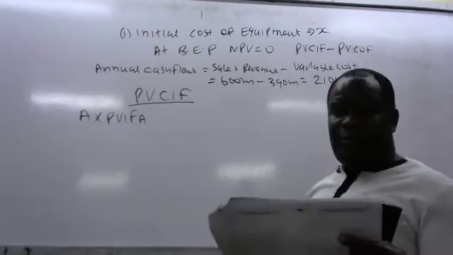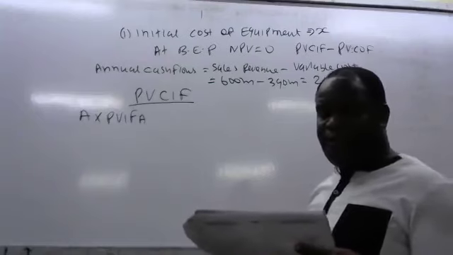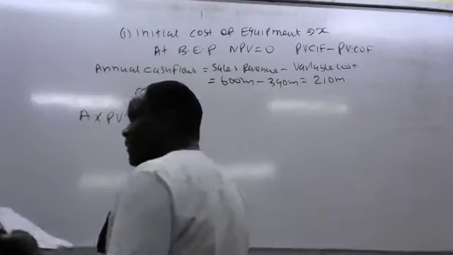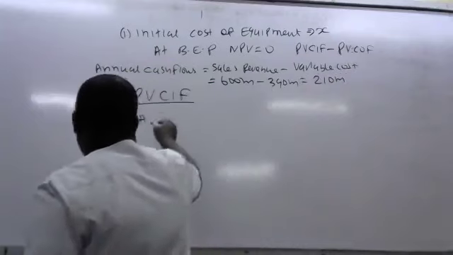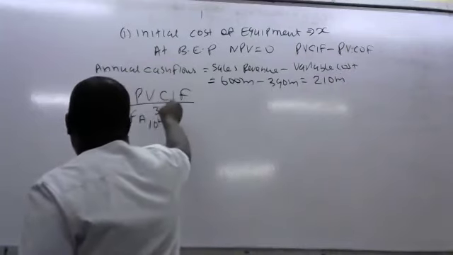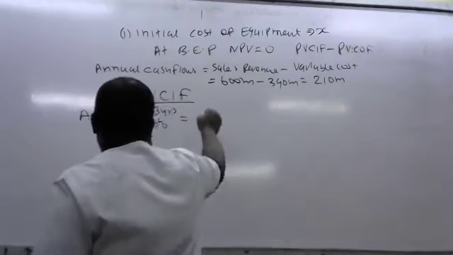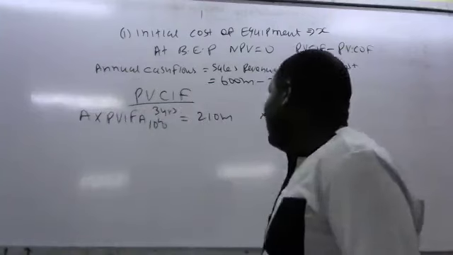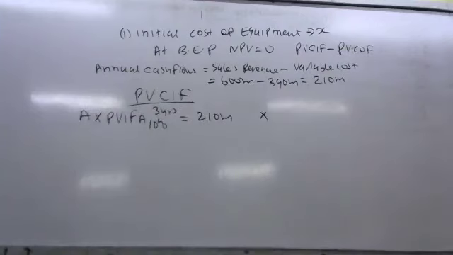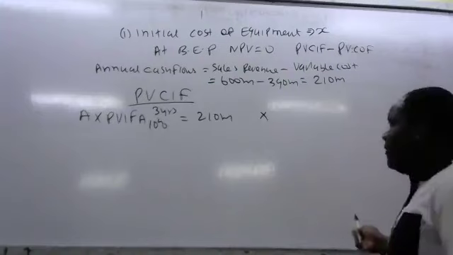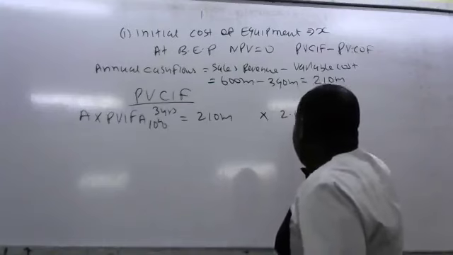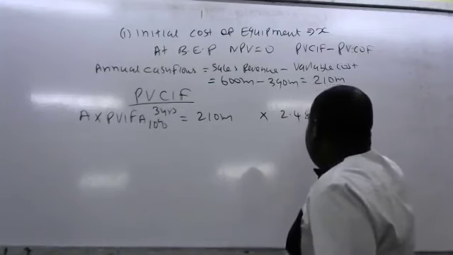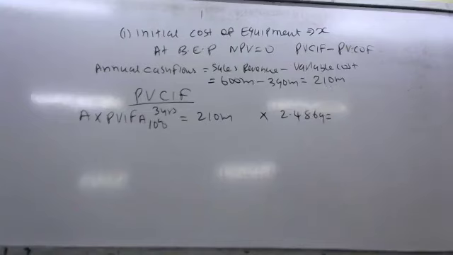Cost of capital is 10% for 3 years. Our annuity is the 210 millions. Checking the annuity table, 10% in year 3 is 2.4869, and you multiply.